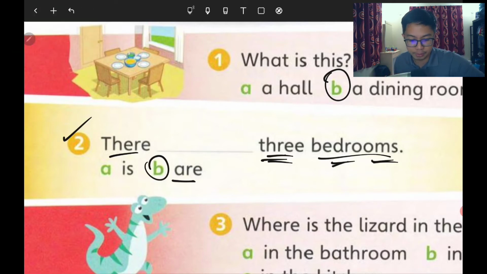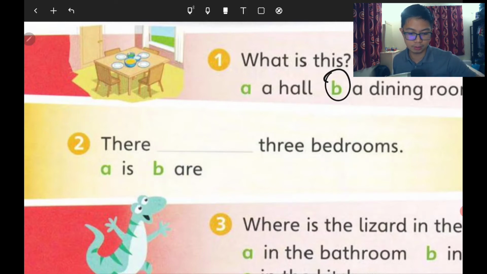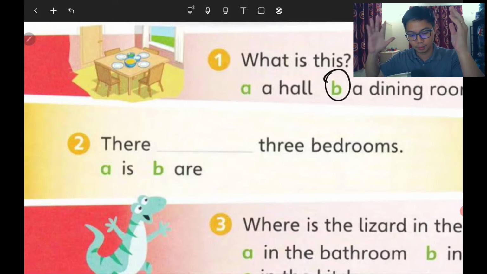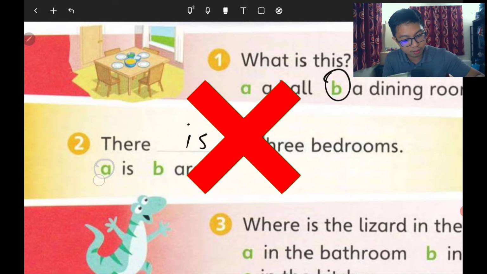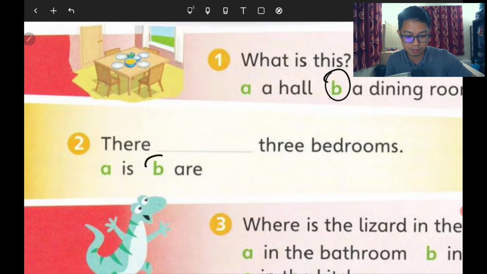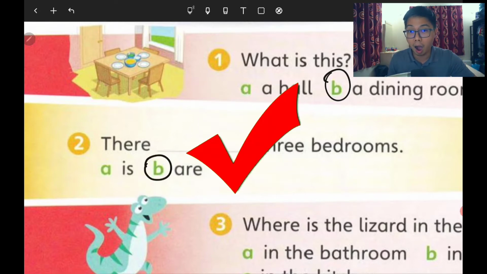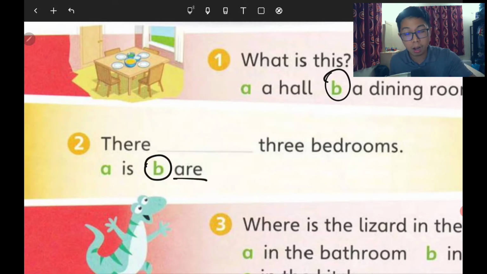Time's up. So, what's your answer? Okay, you have your own answer in your mind, but if you answer A, there is, then your answer is wrong. Okay, because the correct answer is B, are. We use are for a lot of things that are plural.